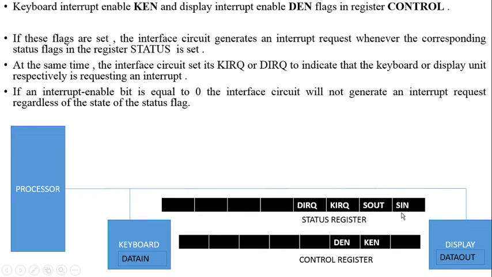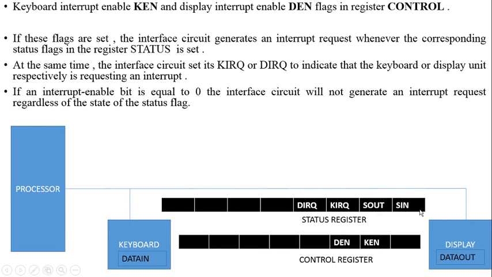When SIN equals 1, we check the KEN value. If KEN is also 1, then the keyboard can generate an interrupt request. After placing an interrupt request, KIRQ is set to 1. This indicates that the keyboard has already generated an interrupt request.